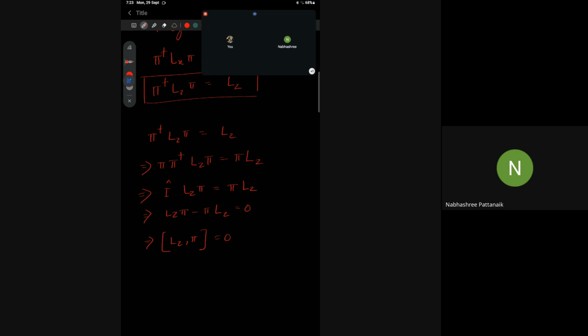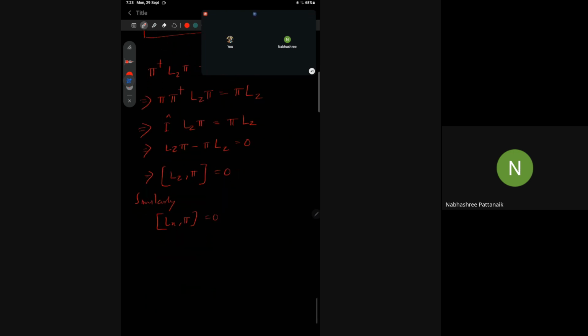So what does this mean? That means the parity operator commutes with Lz, right? So similarly, I can write [Lx, pi] commutator is equal to 0. [Ly, pi] commutator is equal to 0, isn't it? Yes.